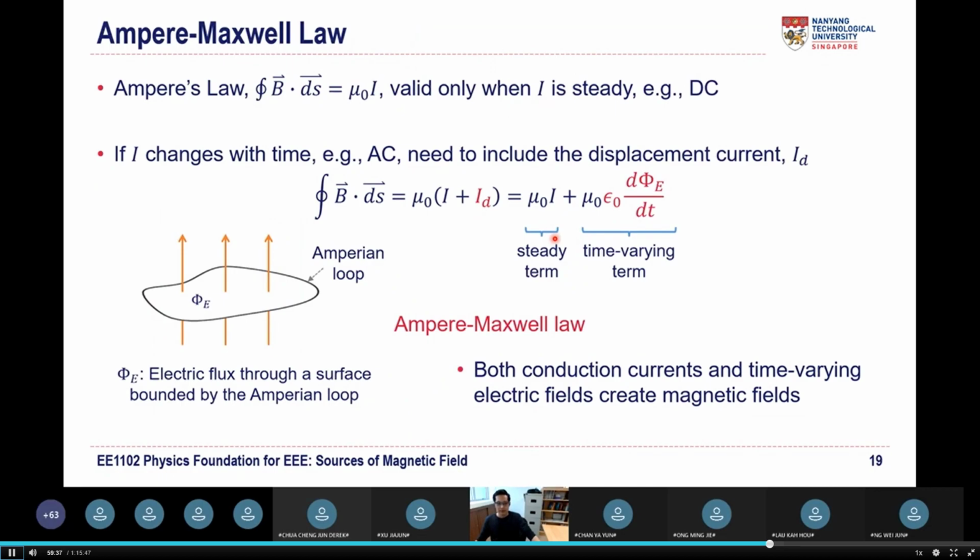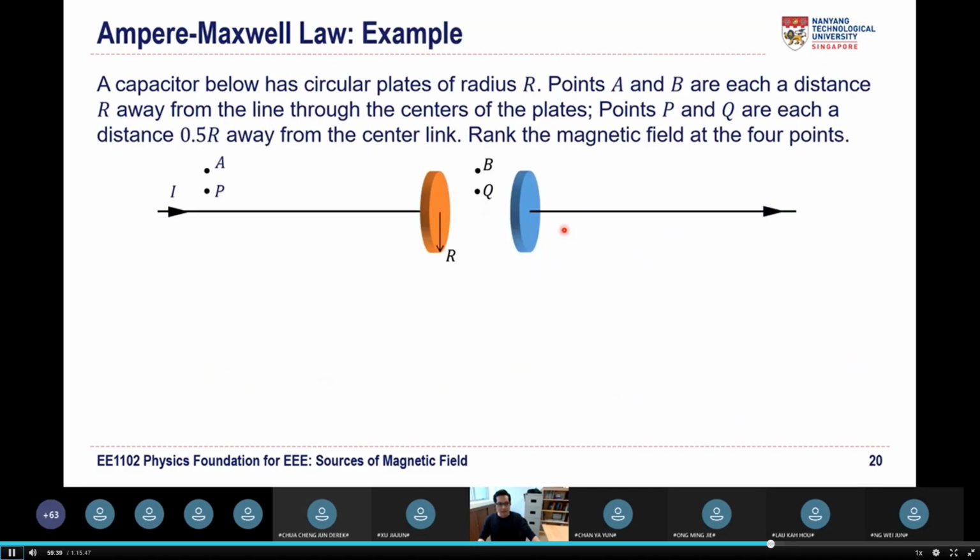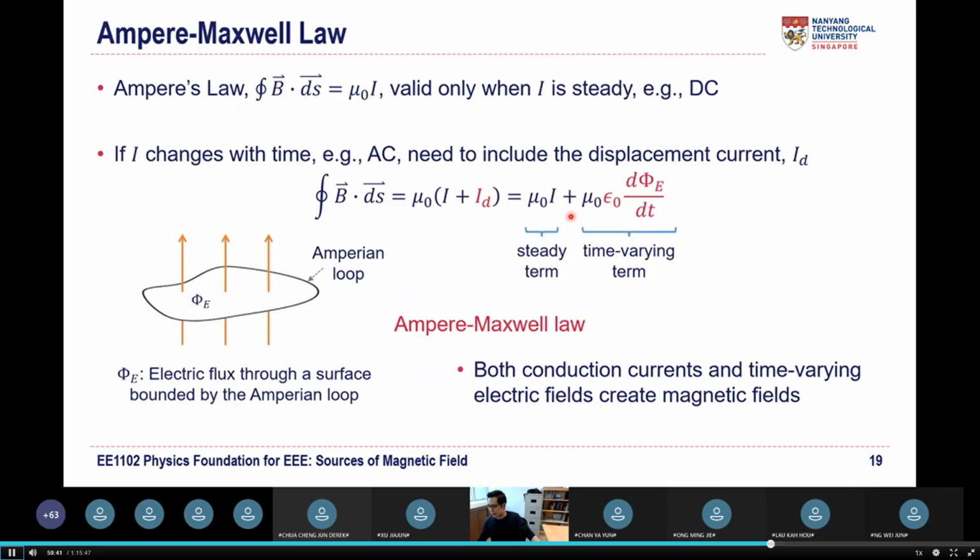Okay, so this probably is the last law that we're going to look at in today's summary lecture, Ampere-Maxwell's law. If you remember, we had Ampere's law, which told us what?